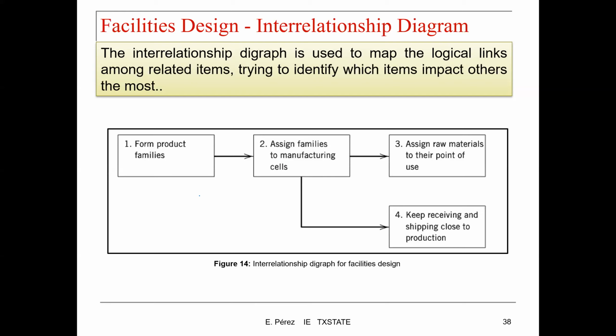This arrow is identifying how the formation of product families affects assigning families to manufacturing cells. And then if you're assigning families to specific manufacturing cells, this has an impact on assigning the raw materials to their point of use, and also has an impact on keeping the receiving and shipping close to the production.